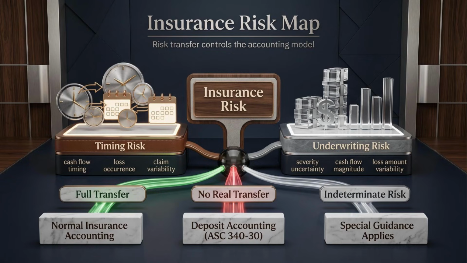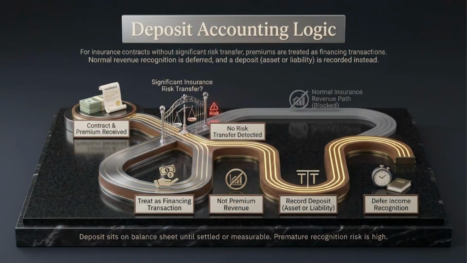If risk transfer is absent, incomplete, or uncertain, the arrangement may not be treated like a normal premium revenue and claim expense model. When an insurance or reinsurance contract does not transfer significant insurance risk, deposit accounting becomes the key idea. The premium received by the insurer is not automatically premium revenue.